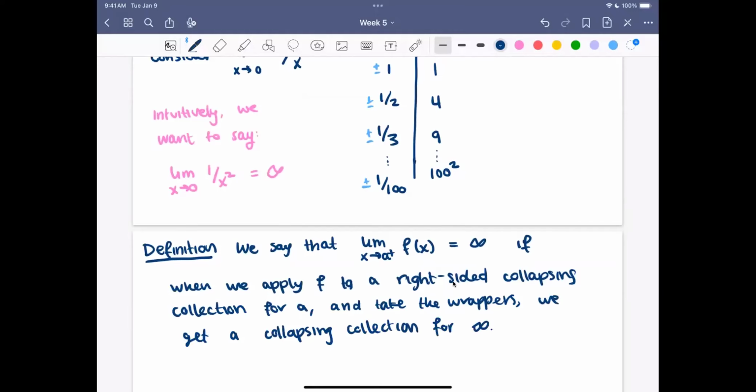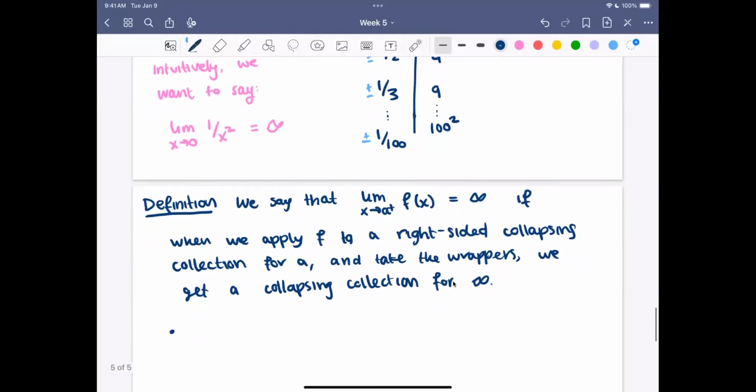Okay, it's been a while since we defined all of the different flavors of collapsing collection, so let's just remember for a second what a collapsing collection for infinity is. Let's recall. A collapsing collection for infinity is going to be one where the right endpoints are all infinity and the left endpoints are just numbers that are getting larger and larger.